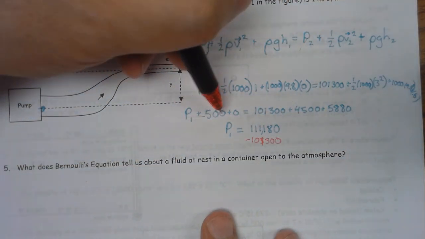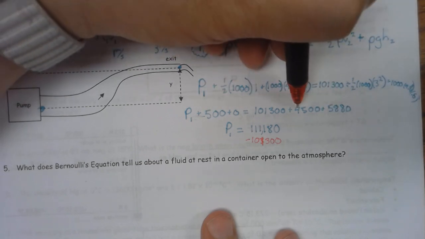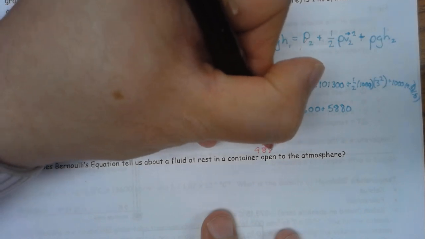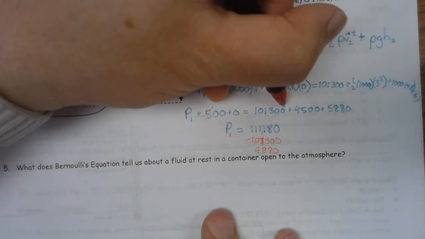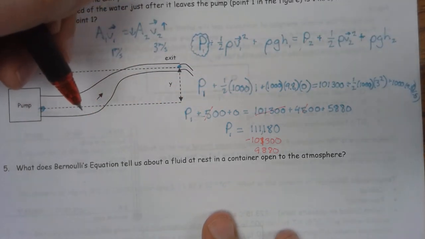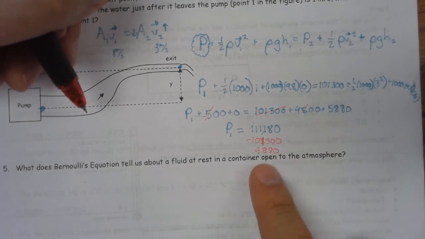If I subtract it out, isn't it just the 4,500 plus this minus 500? So it's just 4,000 plus that is 9,880. I think that's easier. What did you do? I said this doesn't exist, which means this doesn't exist. So 4,000 plus the 5,880 pascals.